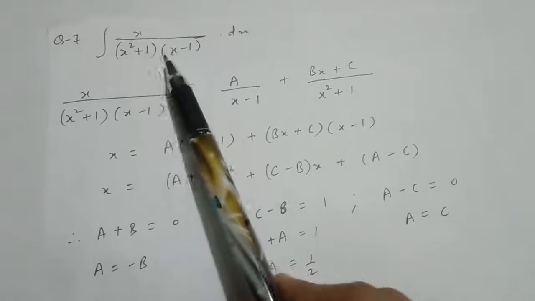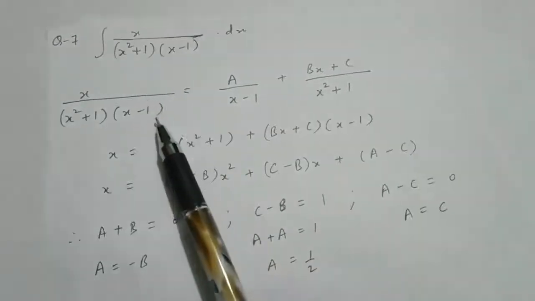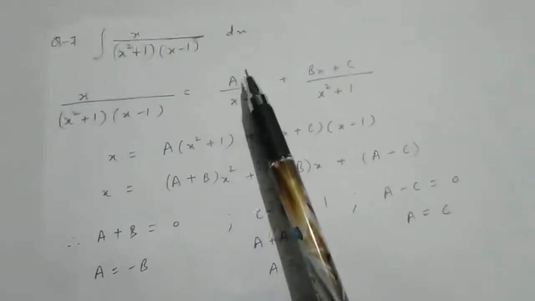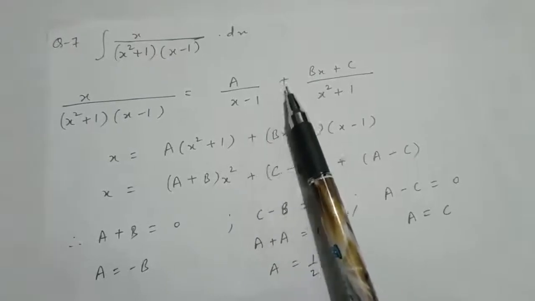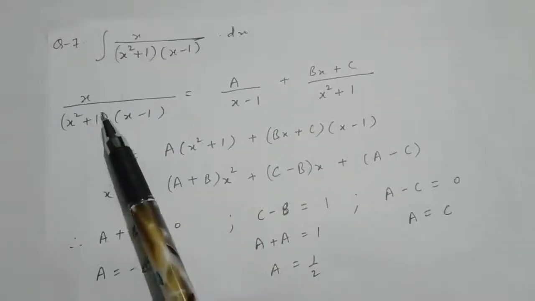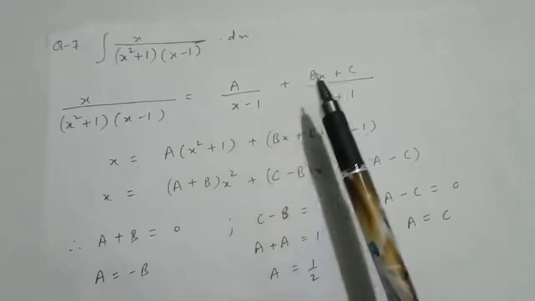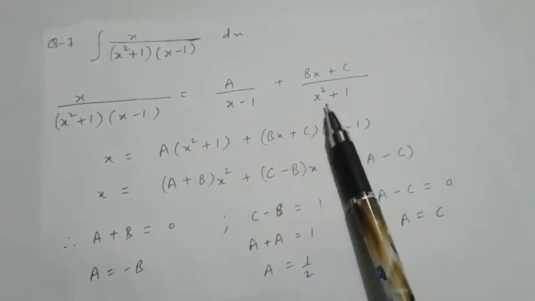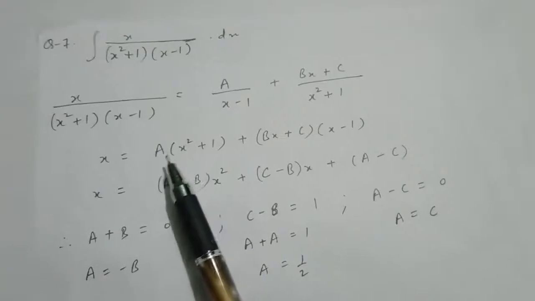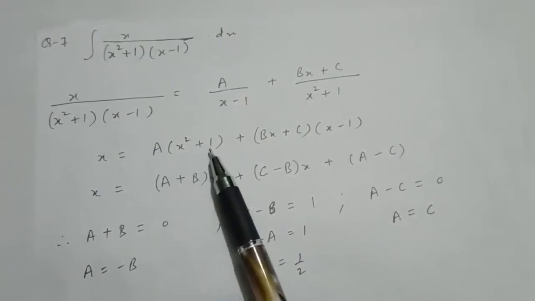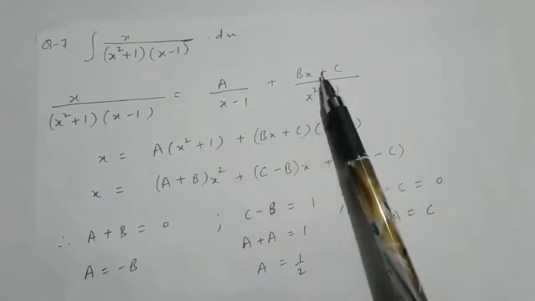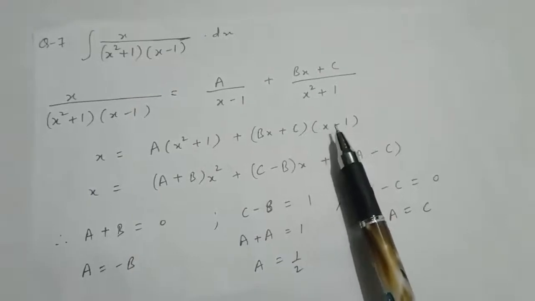Because this is a proper function, it can be written as a upon (x minus 1) plus, because this quadratic cannot be factored further, bx plus c upon (x square plus 1). Now take the LCM, you will get a into (x square plus 1) plus (bx plus c) into (x minus 1).